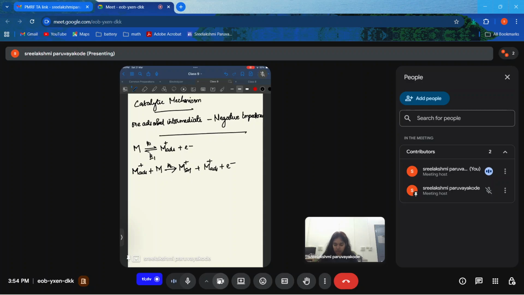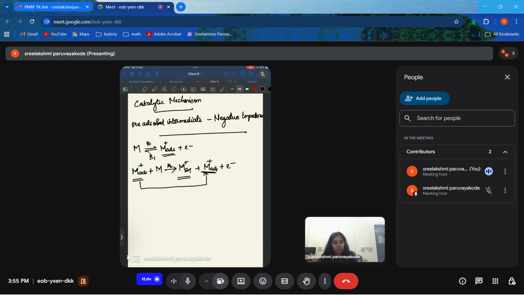So you can see here M forms M adsorb. Okay, so this M adsorb helps in the metal reaction to form, or go into, the solution. Metal dissolution is helped. At the same time, this M adsorb which is consumed here is regenerated over here.